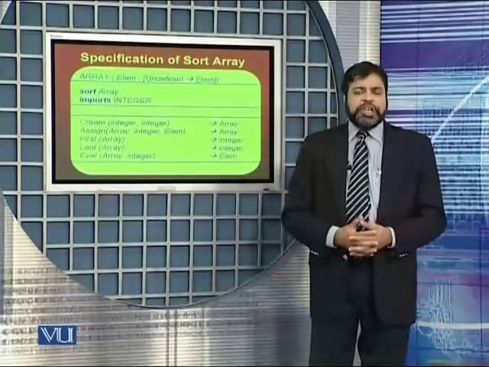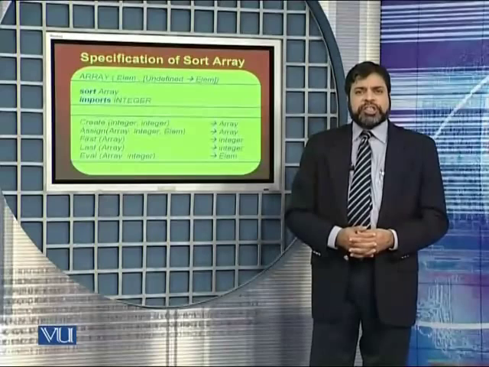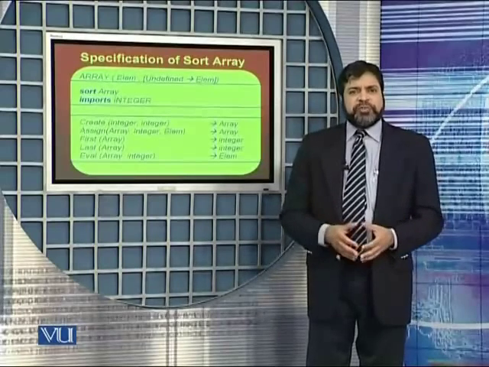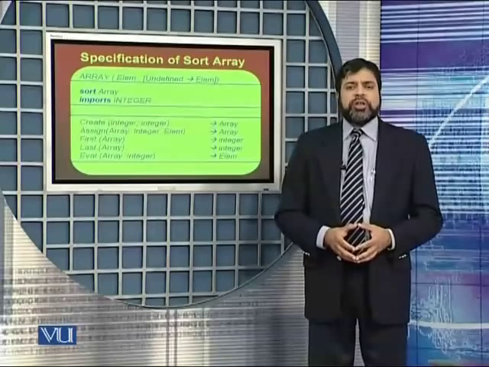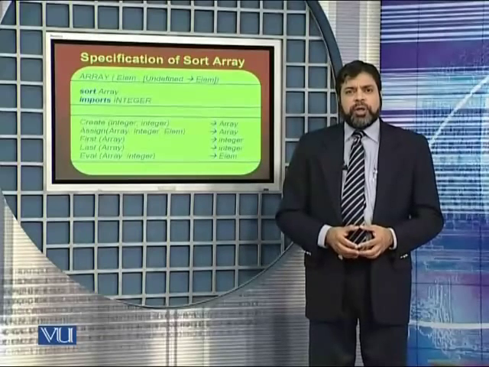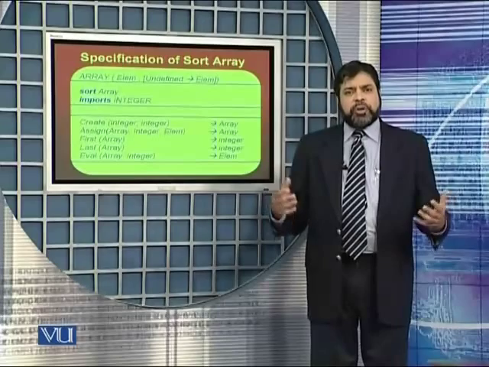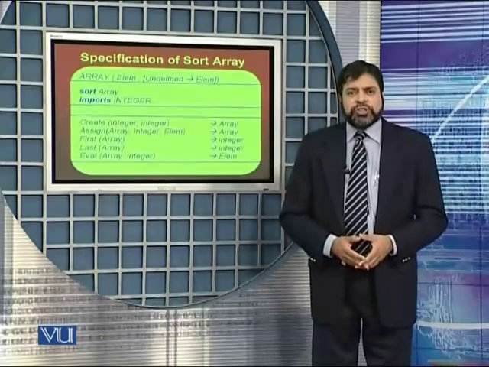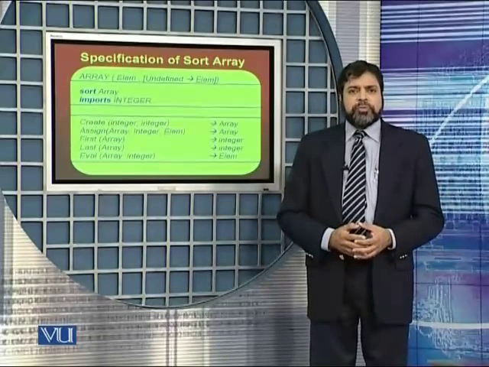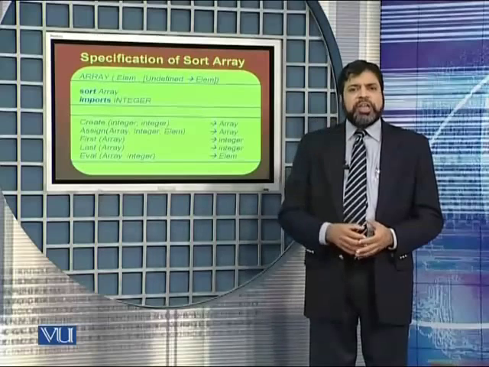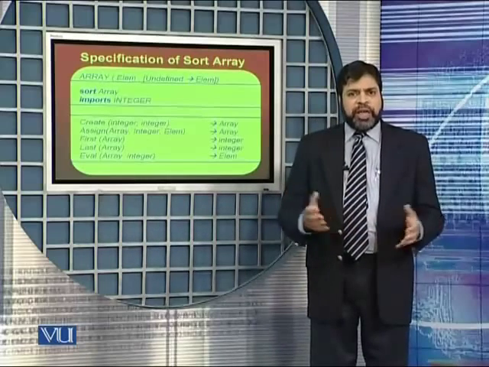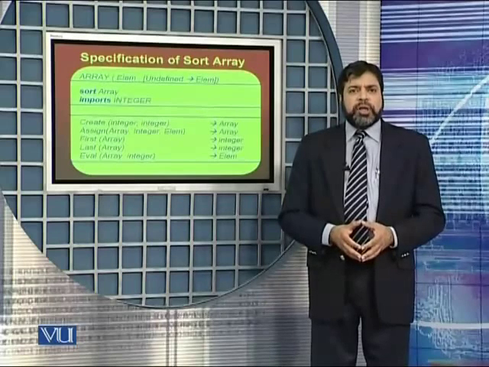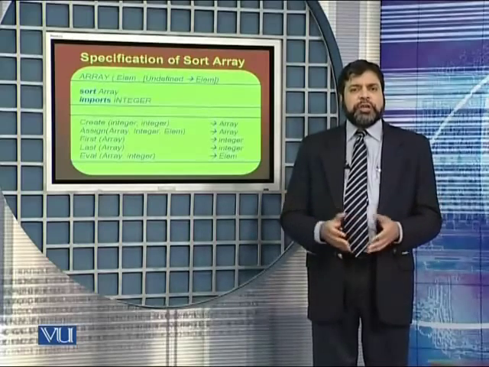Now we have seen this basic specification signature of the array. This is slightly different from the way we use the arrays, but you can easily map it onto your normal arrays that we have. Couple of things to note here.